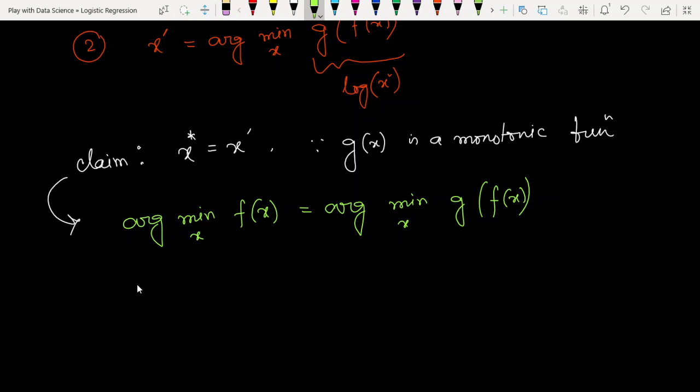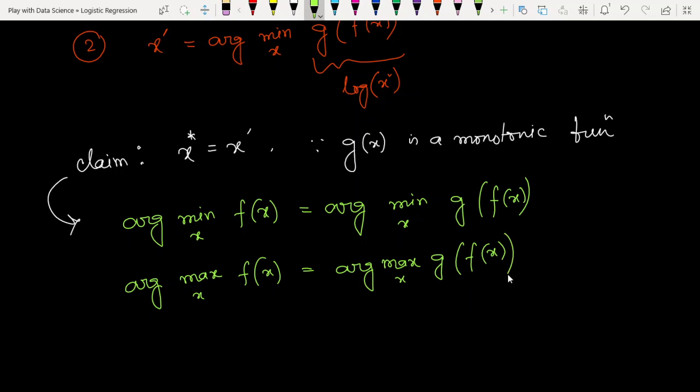Okay, similarly if we write it down as arg max of x, g of f of x.